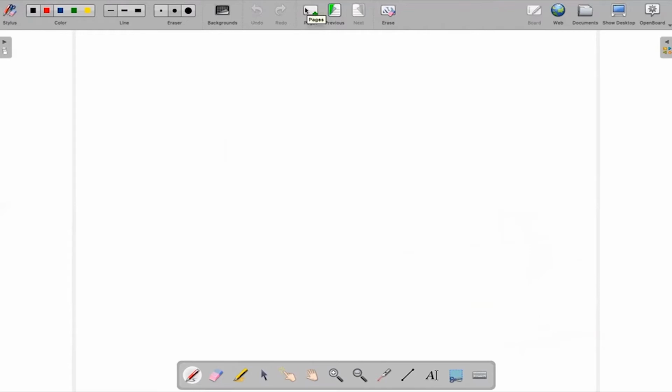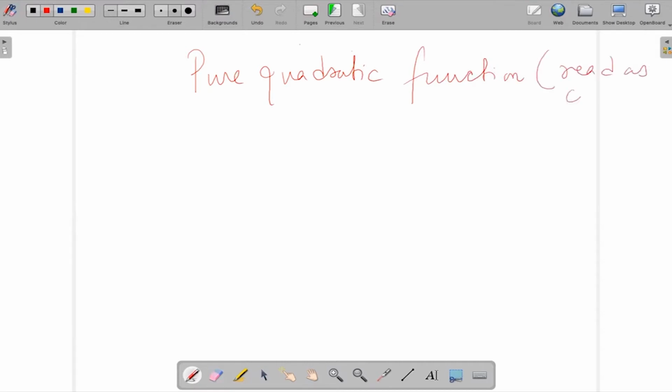Now, once we have talked about linear time and quadratic time, we need to further understand a nuanced difference between a pure quadratic function and a complete quadratic function. Here by function I mean complexity function, as we have discussed just now.